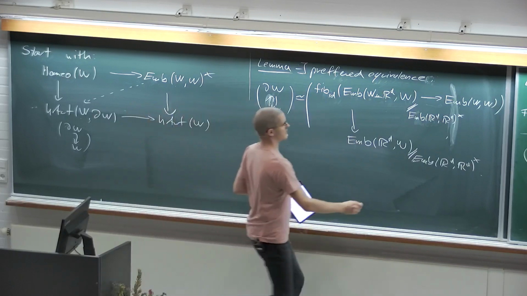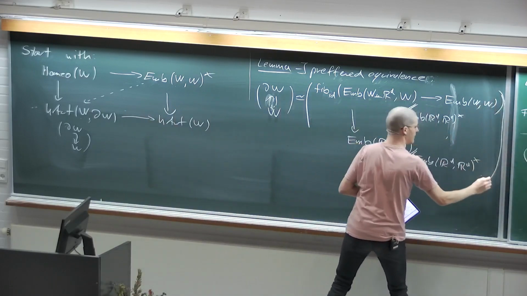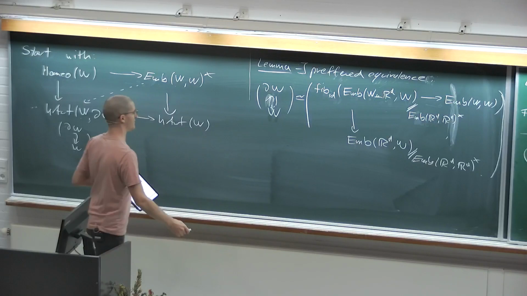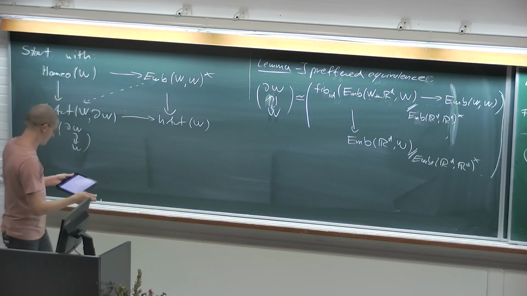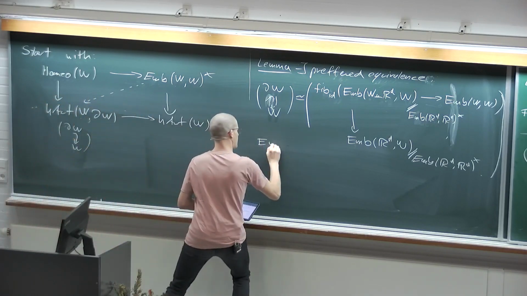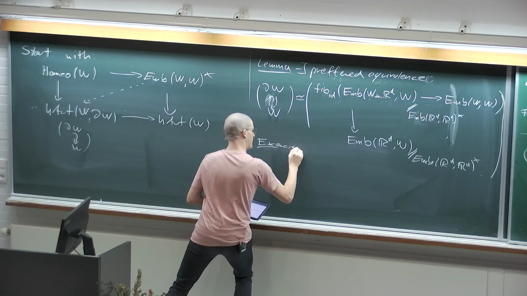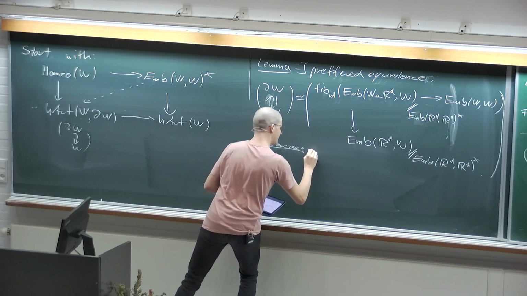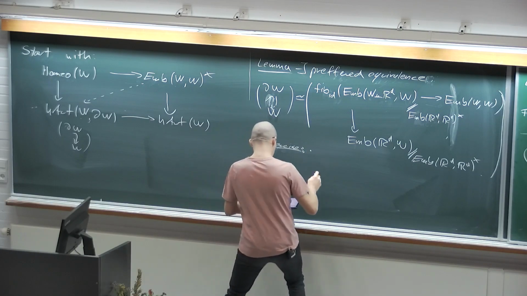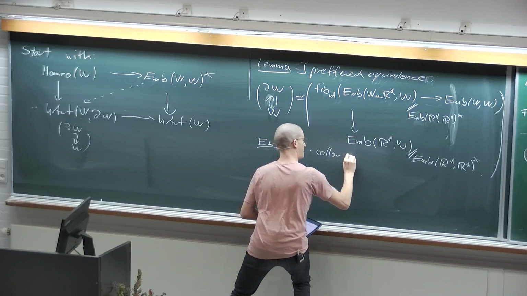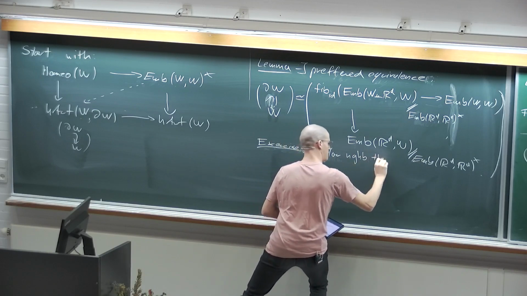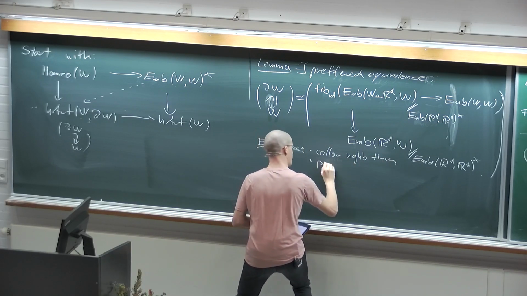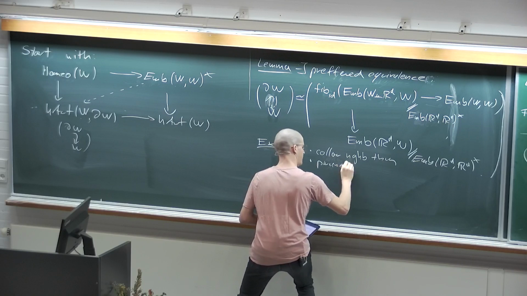And I'm claiming it's a fairly elementary geometric fact that this is an equivalence of pairs. And maybe to give some hint, to solve this exercise, you should use the collar neighborhood theorem. You should use parameterized isotopy extension.